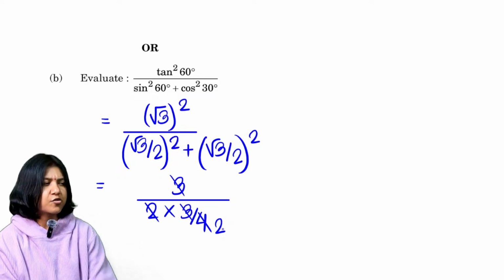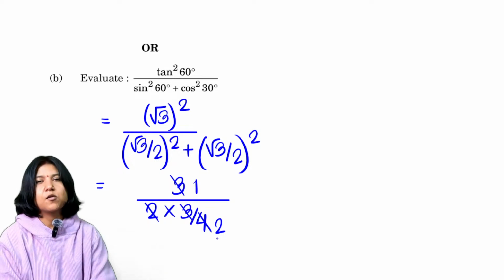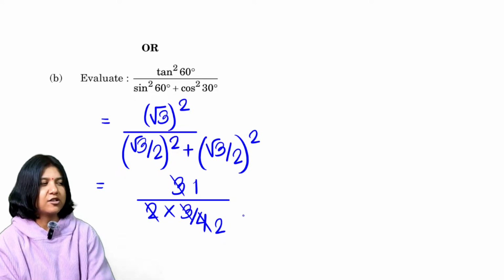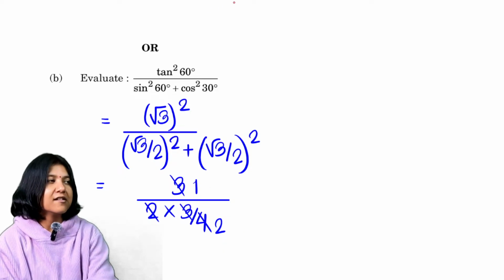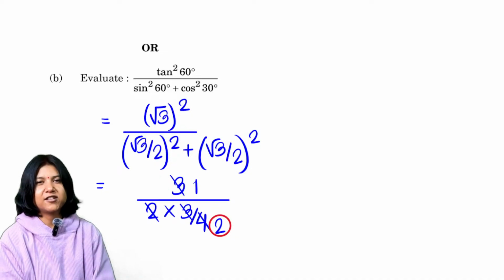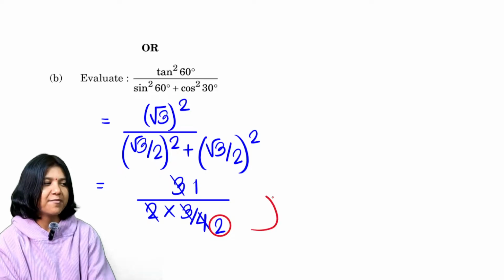What does this 2 mean? It's 1 by 1 upon 2. 1 by 1 upon 2 means the reciprocal of half, the reciprocal of 1 by 2. I also call this the denominator of the denominator. Denominator of the denominator is a numerator. So you just take it to the top, it becomes the numerator. The answer is 2.